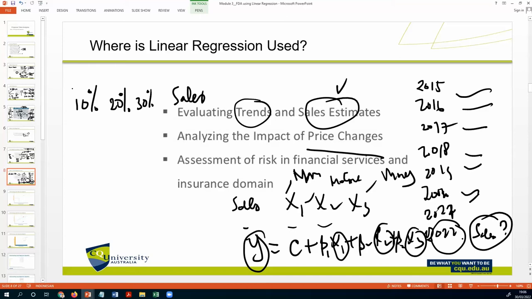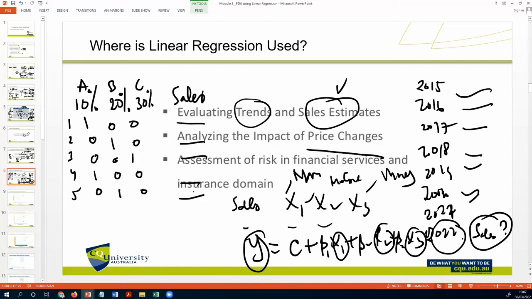Product A, product B, product C, and the products are 1, 2, 3, 4, 5, with indicators like 1 0 0, 0 1 0, and so on.